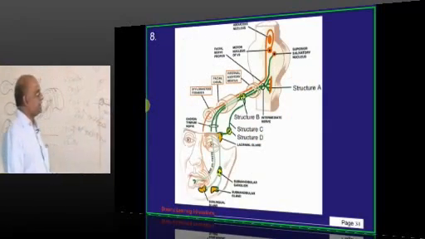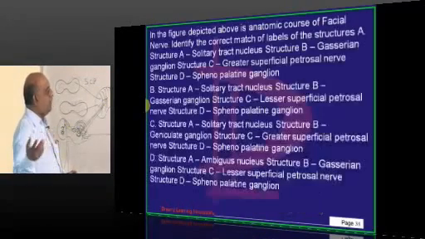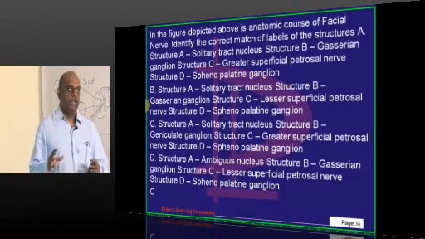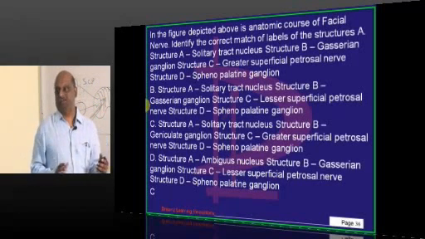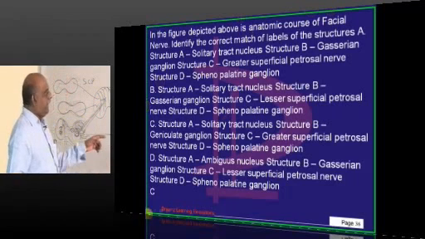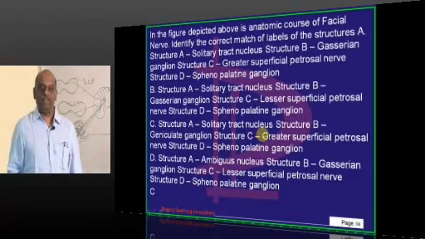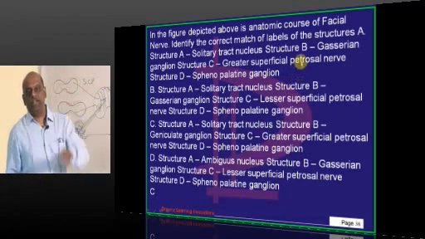Now let's talk about this. You must know the pathway in the anatomical course of the facial nerve. You have one nucleus, the nucleus tractus solitarius. What is the speciality of it? For 3 cranial nerves, it is a common sensory nucleus. What are they?